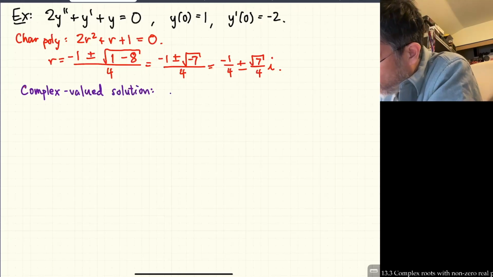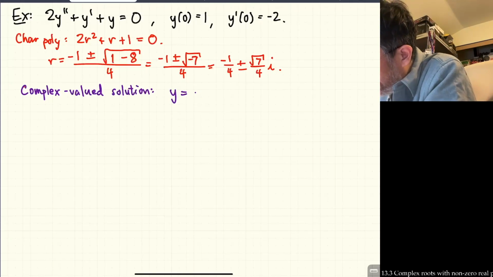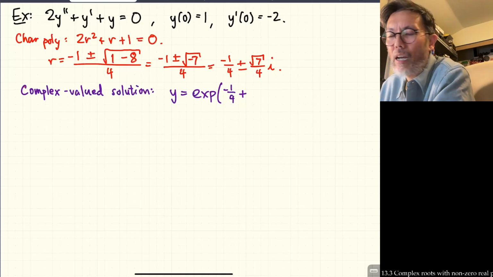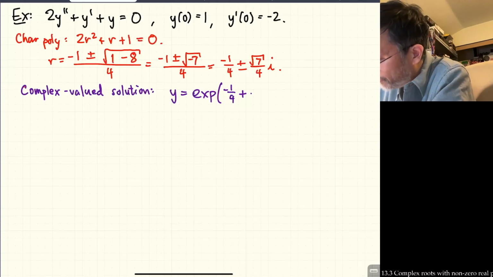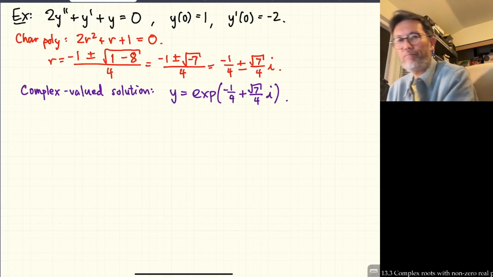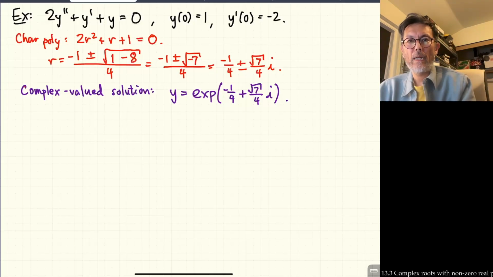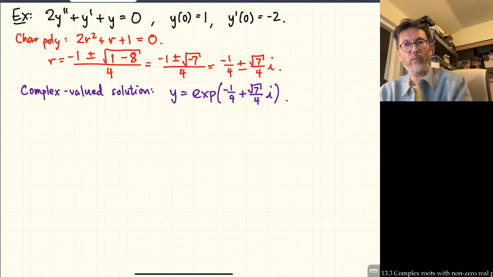It's given by y equals exp of negative 1/4 plus, let's just take the plus one, I could take the minus one, but I'm just going to take the plus one, square root of 7 over 4 times i. And what we have to do is find the real and imaginary parts of this complex valued solution.